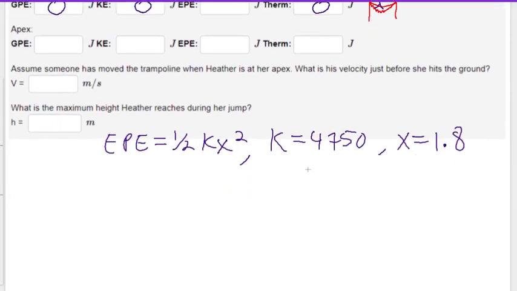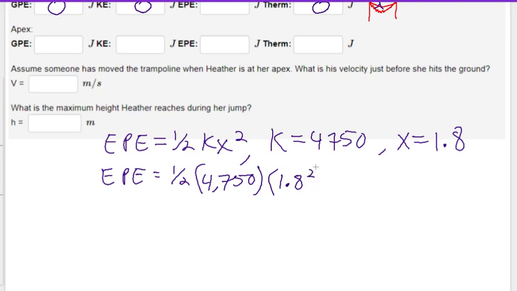So all we need to do is plug these into our equation. Doing so, we get EPE is equal to 1/2 times k, which we said was 4,750, times x, 1.8, squared. If we evaluate this, we should get an elastic potential energy of 7,695 joules.